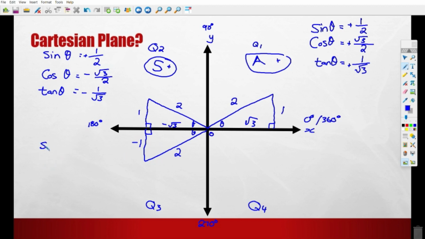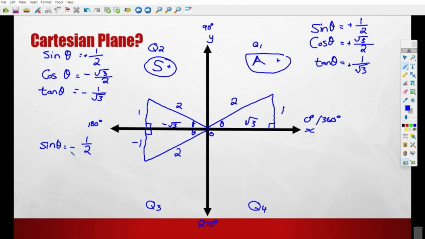Now I want you to do the same thing: find sine of theta for me, with this triangle that's in the third quadrant. We know that sine is opposite over hypotenuse, so it's negative 1 over 2. This is my angle, theta, opposite over hypotenuse, so we've got negative 1 over 2.